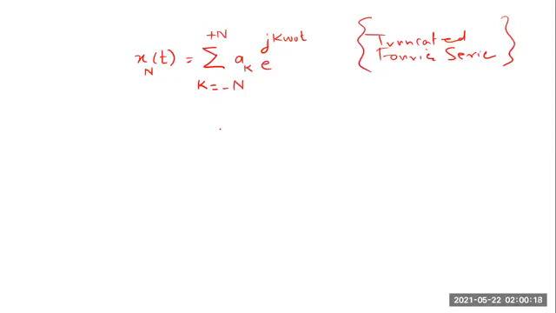And because we are not taking all of the terms, the actual signal, which is x of t, and the signal that we get by taking a finite number of terms will have a difference. We can call that difference the error. I'm calling this signal e N of t. What is this representing? This is representing the approximation error.